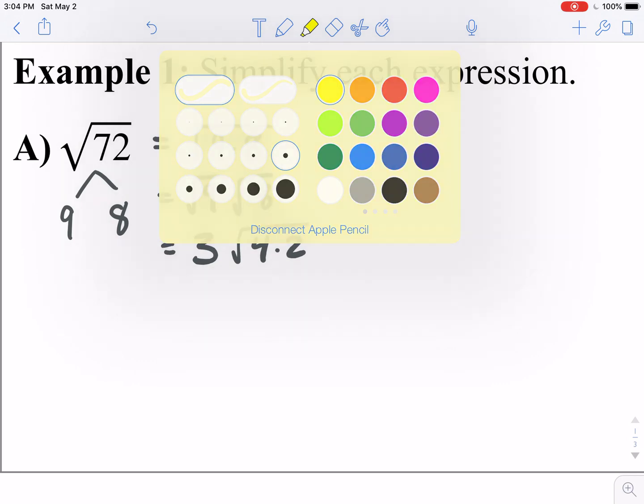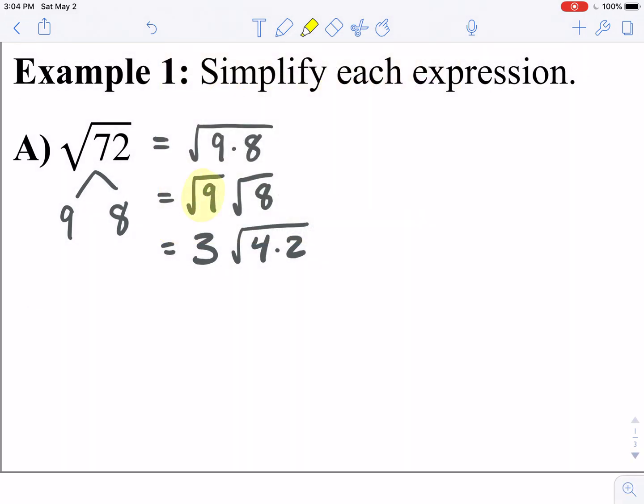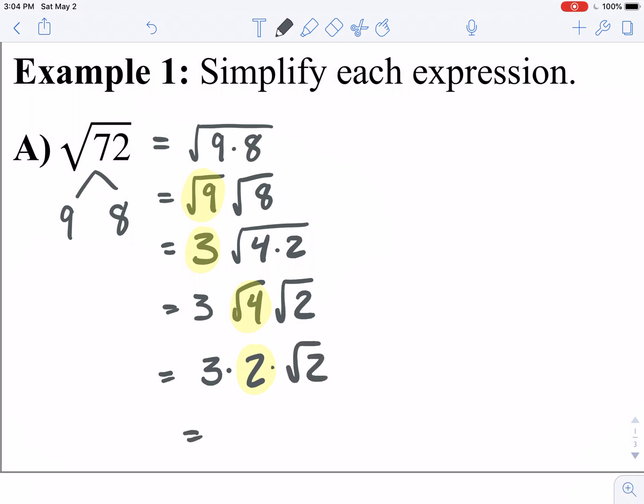So just like up here, when we split up the square root of 9 as 3, we can split up the square root of 4, which is equal to 2. So that's equal to 3 times 2 times the square root of 2, which is 6 times the square root of 2. And that is the square root of 72 in its simple form.